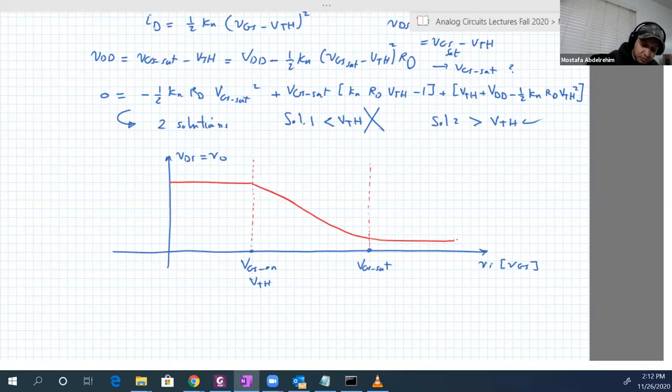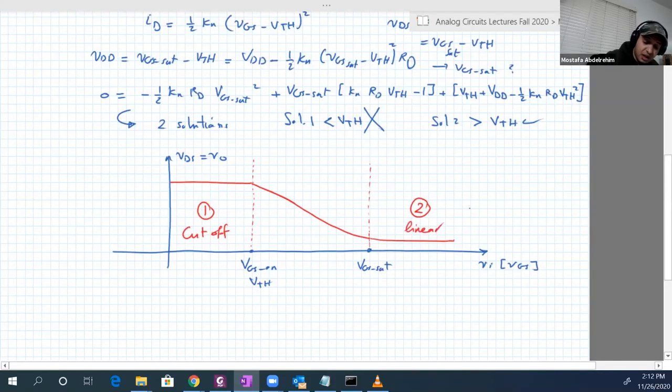So basically, if we name these 1 and 2, here is cutoff, here is linear, and number 3 here is the saturation region.